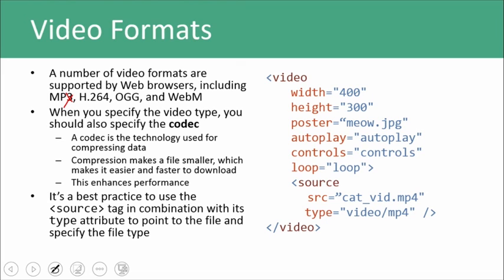One thing that's really important here is that you can use the source tag in combination with its type attribute to point to the file and specify the file type. And now, when we talk about the different video formats, we're not just going to use MP4. We may want to use multiple different types of formats in order to make sure that our videos render properly on screen.